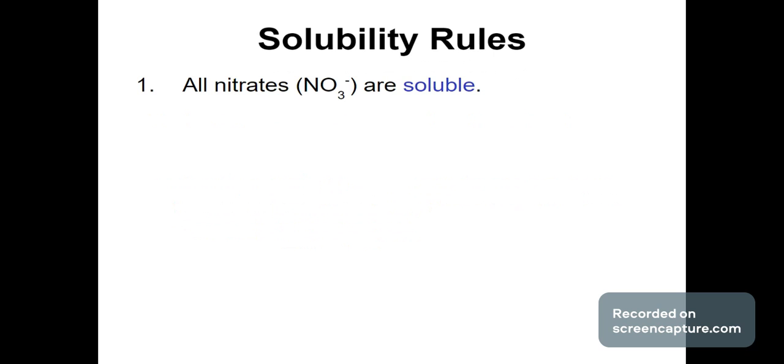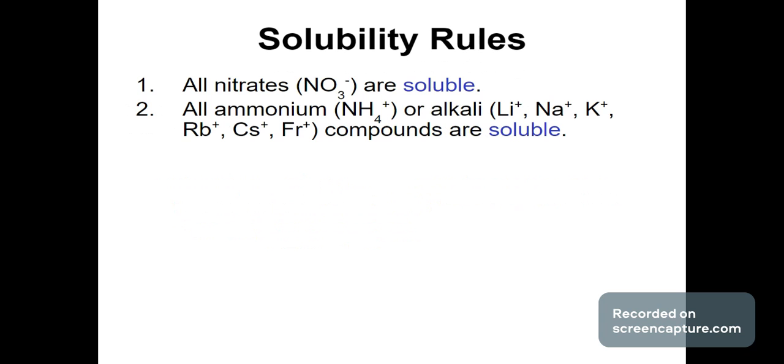Number one, all nitrates are soluble. And you can get a list of these, by the way, as far as nitrates, and also all ammonium or alkaline metal compounds are all soluble as well.